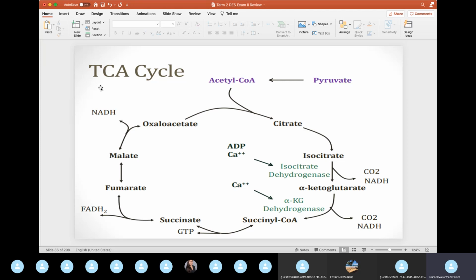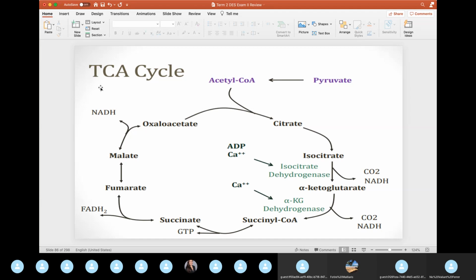What's the equation? Acetyl-CoA plus 3 NAD plus, FAD, GDP, plus inorganic phosphate gives 2 CO2, 3 NADH, CoA, GTP, and FADH2. Okay, so how many ATPs can the TCA cycle yield?